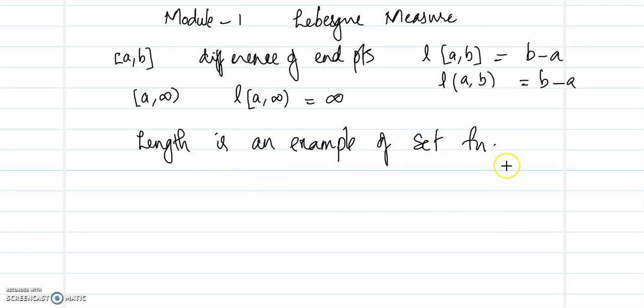It's a set function which is defined on the extended real numbers. In extended real numbers, that means infinity is included. As we have seen, the length can be infinite also. So that's a set function which associates an extended real number to some collection of sets.